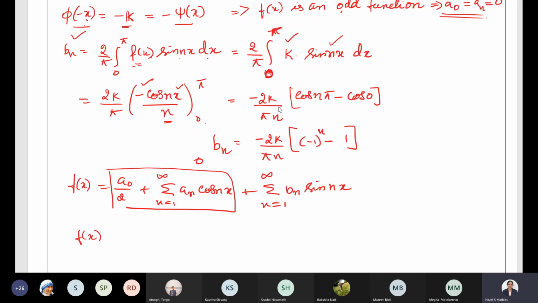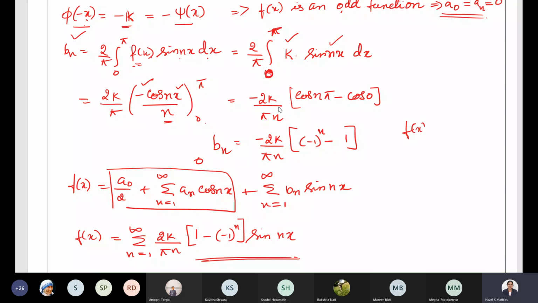So our Fourier series expansion is summation n equal to 1 to infinity bn. What is bn? You can also write it as 2k by pi n, and taking the minus sign inside, minus 1 power n into sin nx. So this is the Fourier series expansion of the function with values minus k and plus k. Is it okay, everybody?